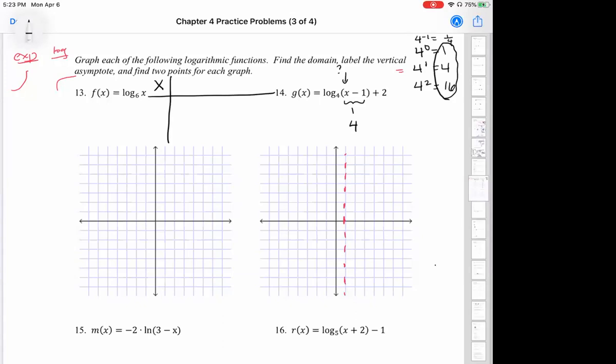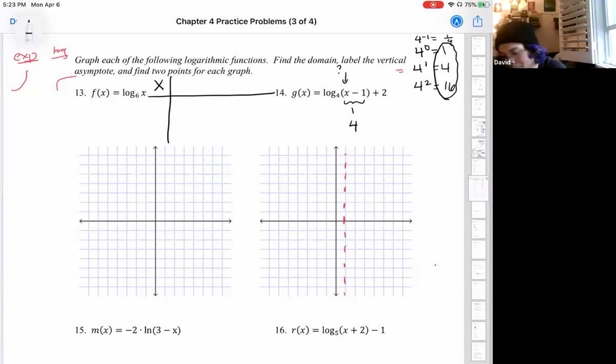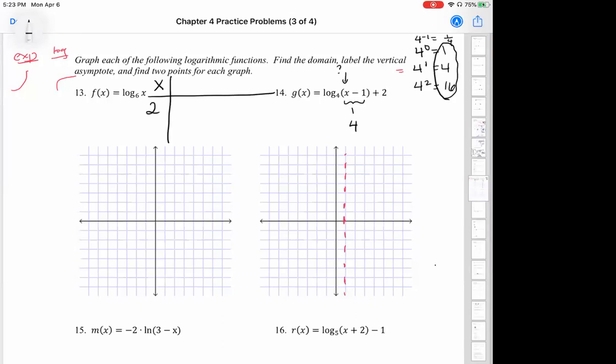So what should x be so it can be 1? x should be 2. Yes, thank you. So I have log base 4 of (2 minus 1), plus 2. 2 minus 1 gives us 1, so log base 4 of 1, plus 2.